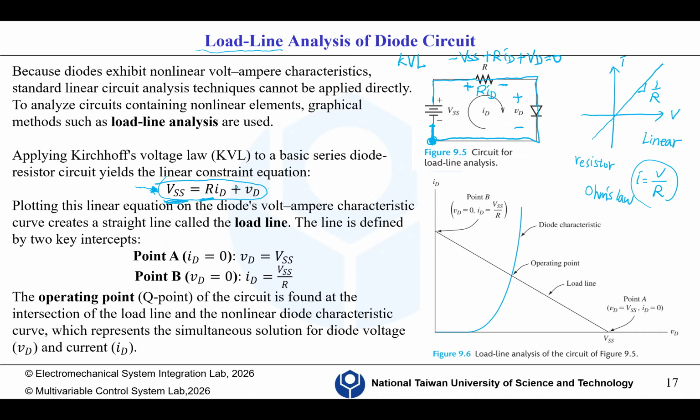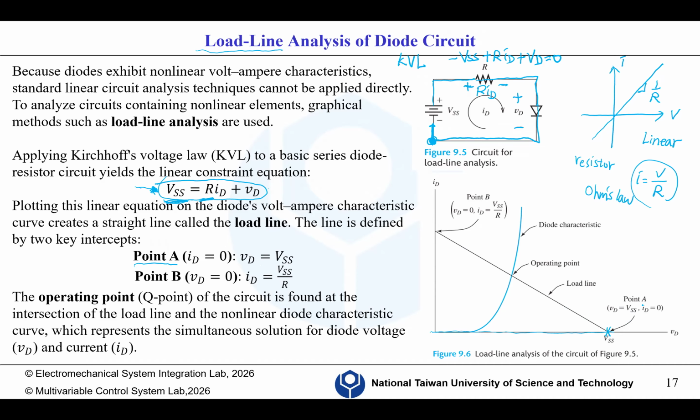And then we draw this line on the VD-ID plot. Before that, we need to identify two crucial points. The first point, point A, is when ID is zero. When ID is zero, you have VD equals VSS.